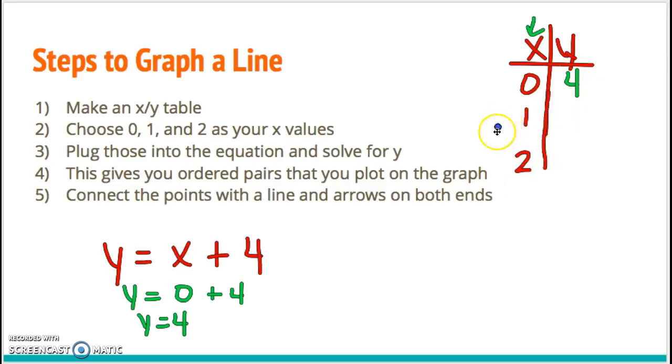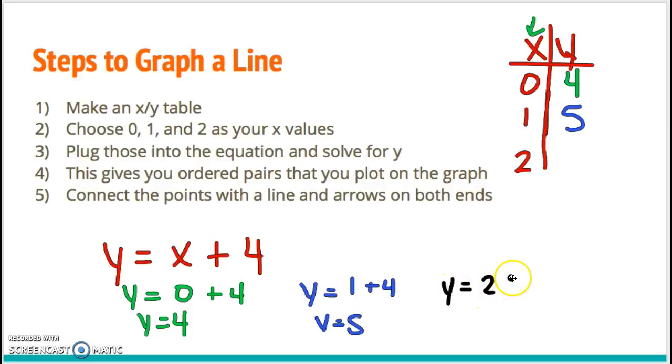Now if I plug 1 in for x, I have y equals 1 plus 4, so y equals 5. And lastly, if I plug in 2 for x, I have y equals 2 plus 4, so y equals 6. So you see what I did?